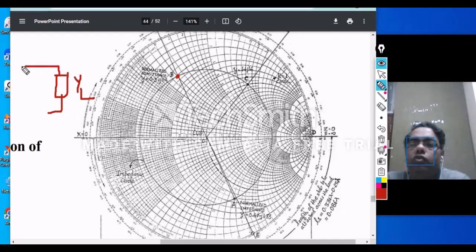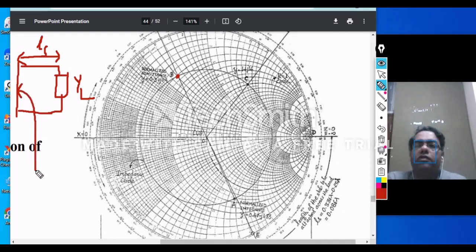We have to go some distance away from YL, where the input admittance will be Y0 plus or minus j some susceptance, as we studied in theory.